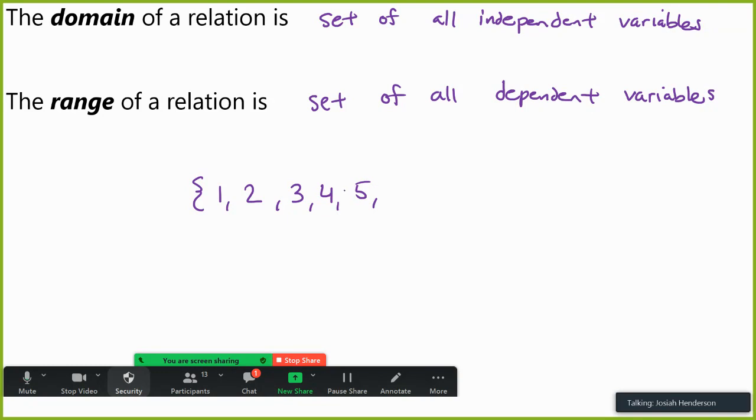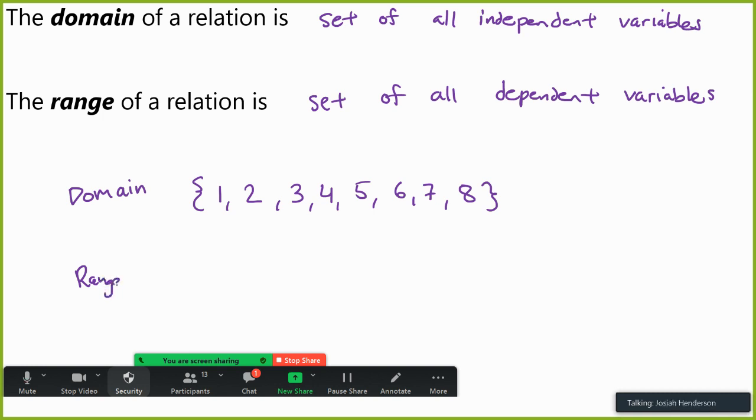She doesn't work for 2 hours and 50 minutes. She only works for full hours like this. Then the domain would be this list of numbers. It's got to be either 1, 2, 3, 4, 5, 6, 7, or 8. So here's the domain for the Brianna example.